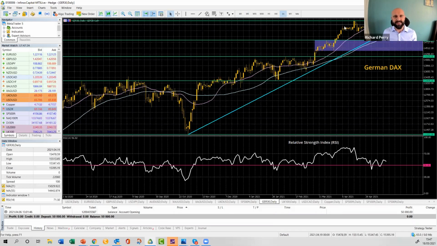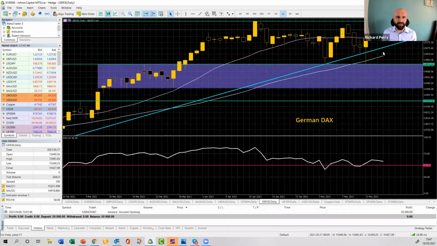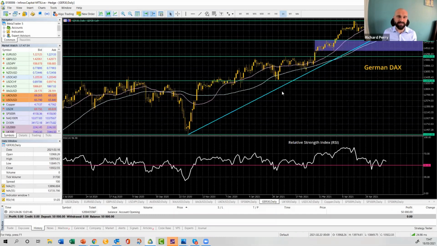So essentially, this is just the next phase of that, where it's building this support consolidation range. You could argue that the uptrend is still intact, although that decisive intraday move to the downside would question whether that is true or not, but still looks as though that it's pretty strong.